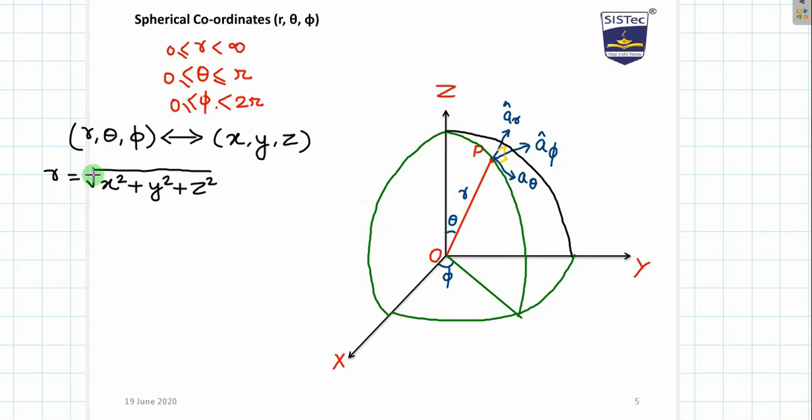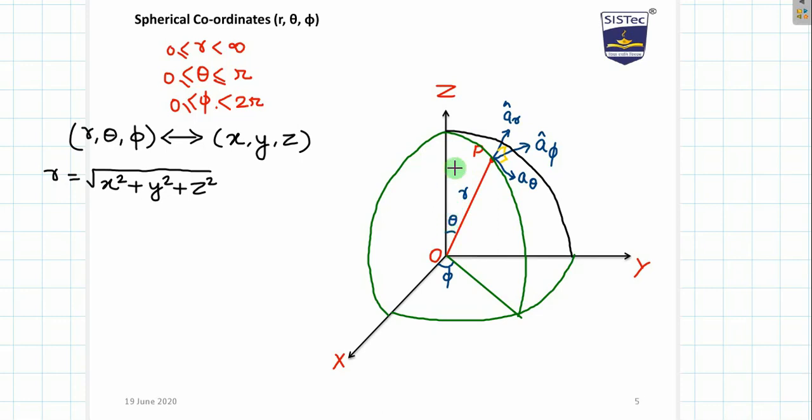Now, how will we determine this theta? Let's say you have this right triangle, and theta is the acute angle. What will be the value of tan theta?